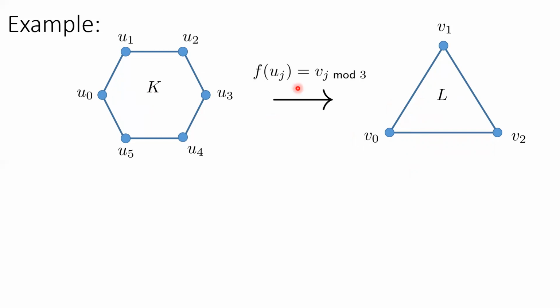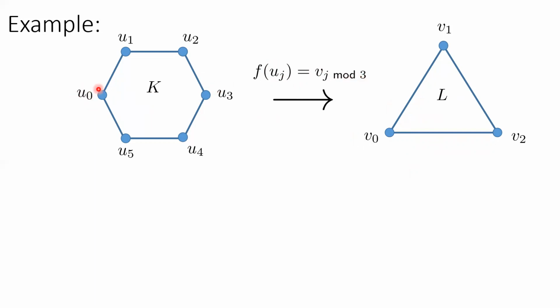The map F, the simplicial map we're going to take, is given on vertices as follows. It's going to take u_j and send it to v_(j mod 3). So what does that mean?